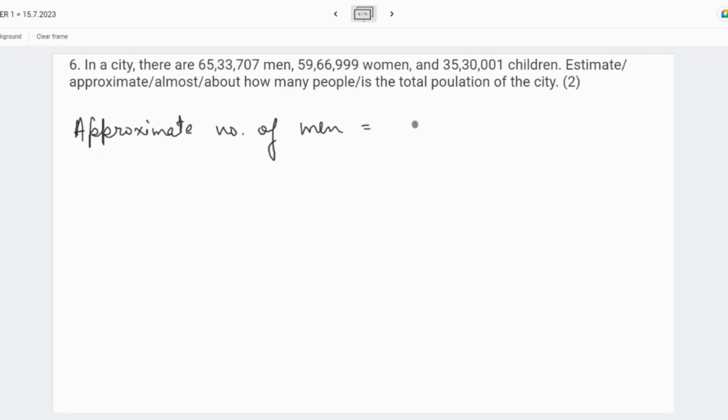So the approximate number of men is 65 lakh.